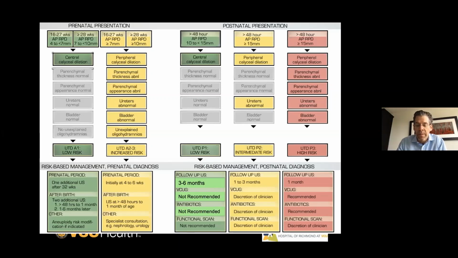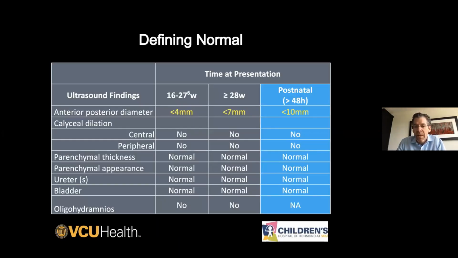This is published in an open format in the journal, and I can certainly send this out to folks if you haven't already seen this. One of the things that came out of this meeting, a multi-specialty meeting that involved OB, nephrology, urology, and radiology, was defining what was normal postnatally.